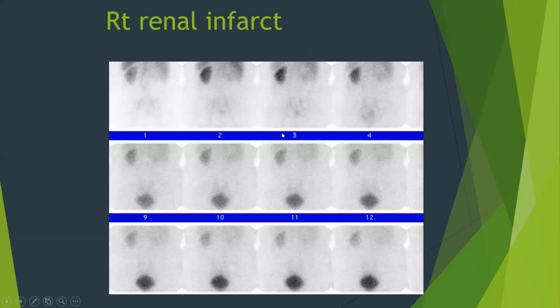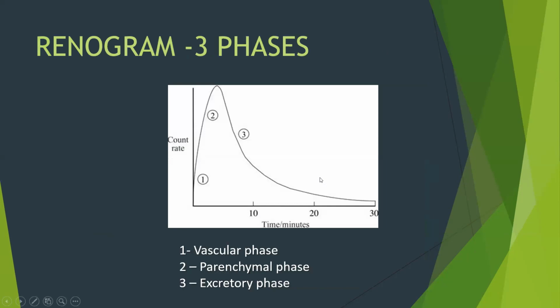This is a typical case of right renal infarct, in which the perfusion, cortical uptake, and drainage, all phases are impaired.